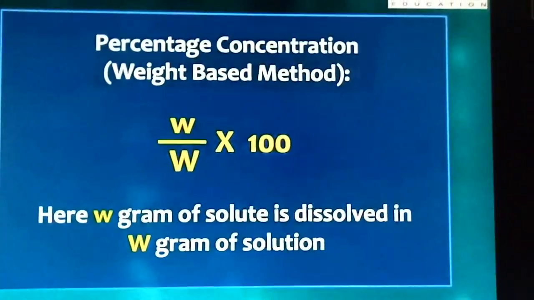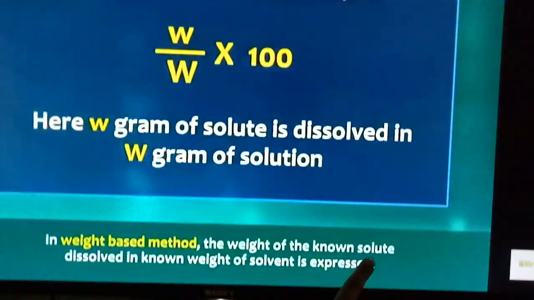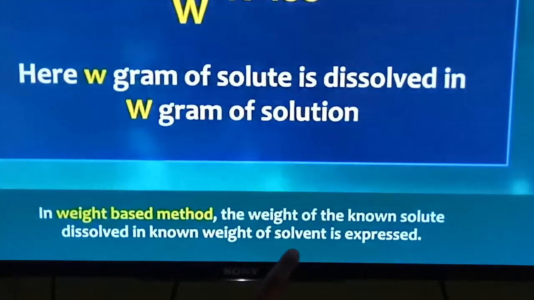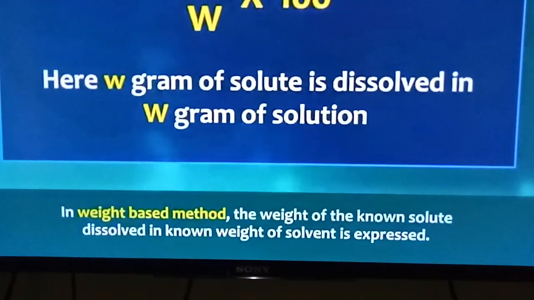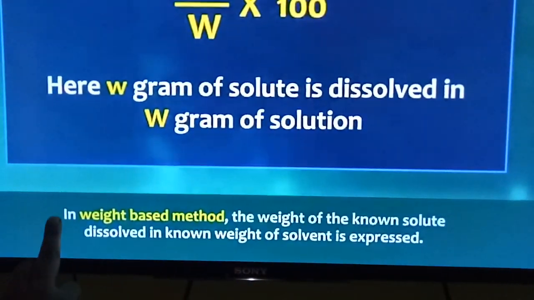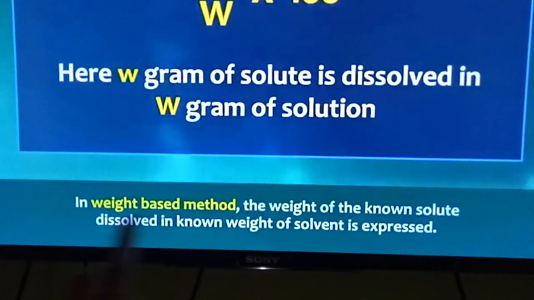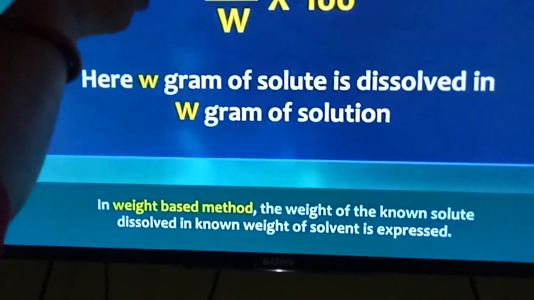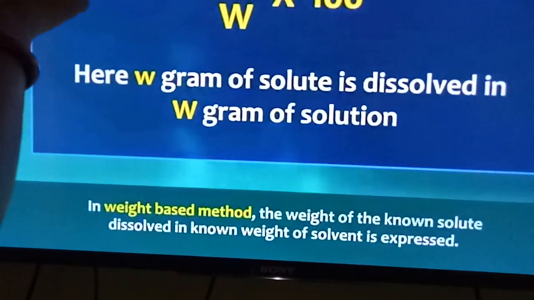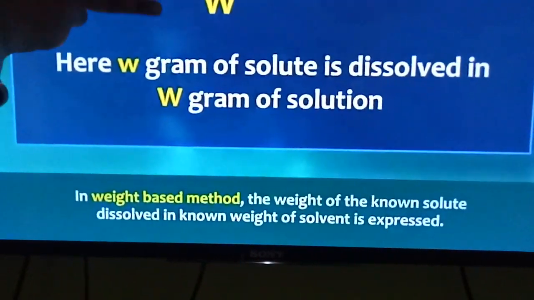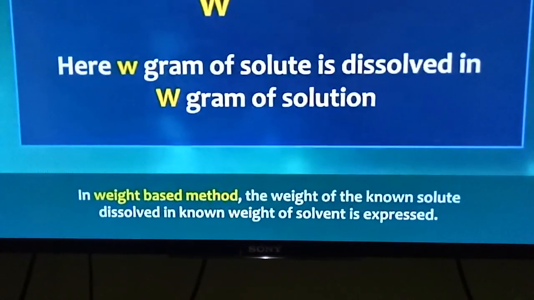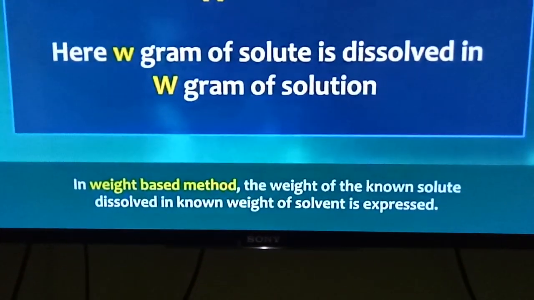In this weight based method, the weight of the known solute dissolved in a known weight of solvent is expressed. Small w is the gram of solute and capital W is the gram of solution, into 100.